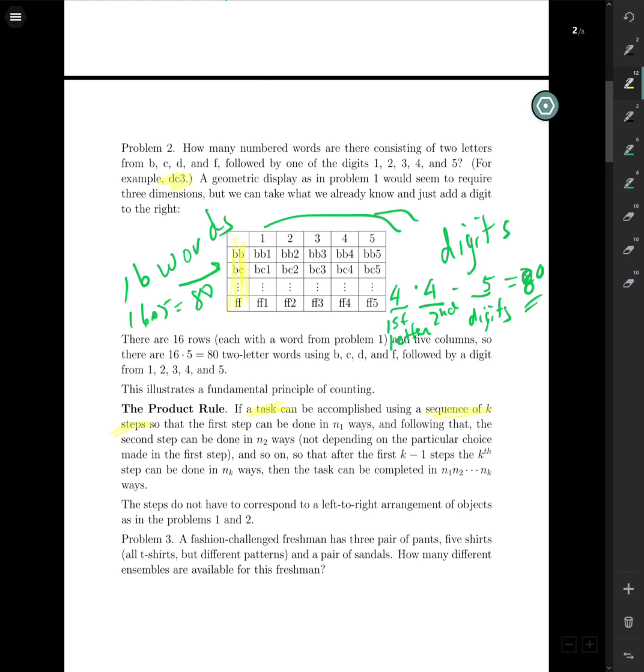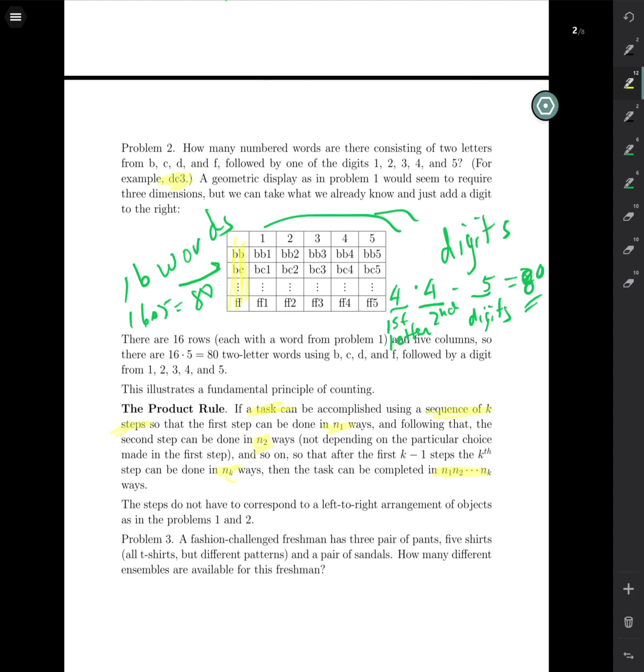The first step can be done in n1 ways, and then after you've done that, the second step can be done in n2 ways, independent of what the result was in the first step. And so on, so that after k minus 1 steps, the kth step can then be done in nk ways. Then the entire task can be completed in n1 times n2 through nk ways, that product.